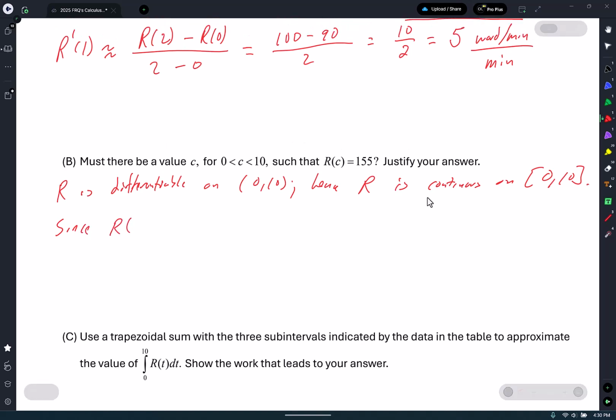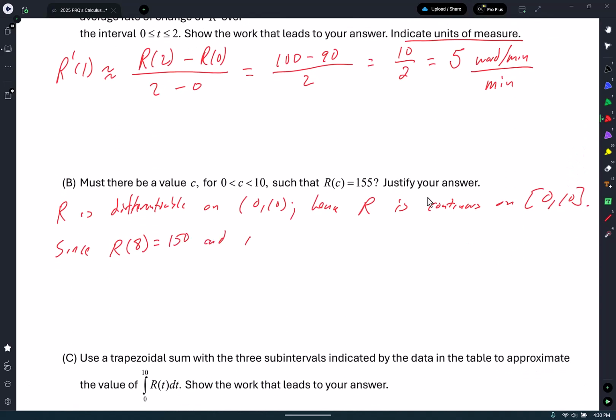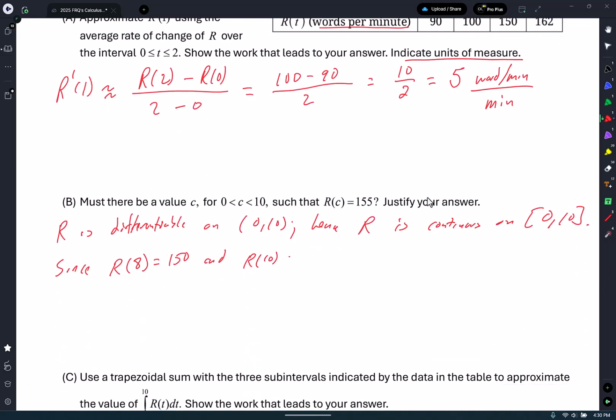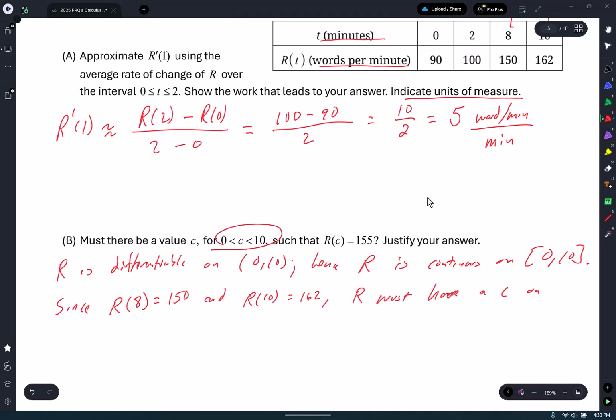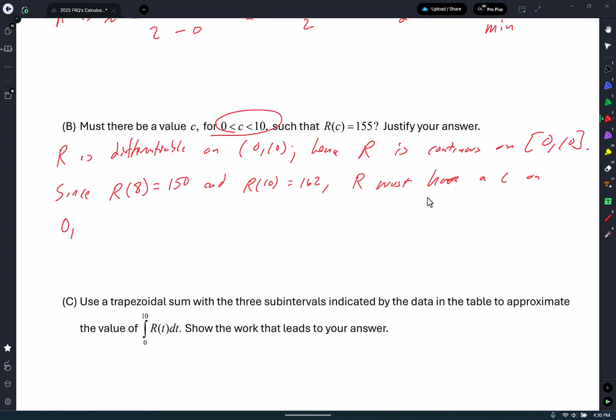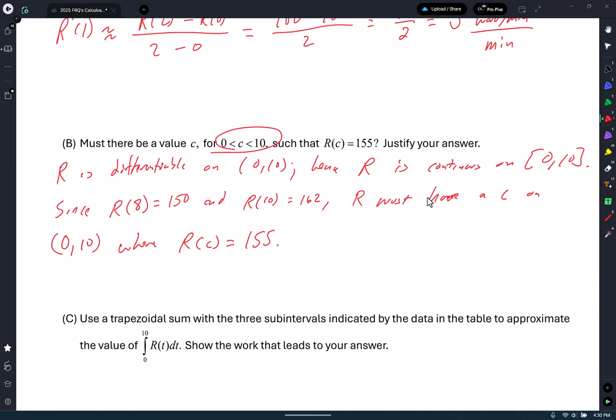Since R of 8 equals 150 and R of 10 equals 162, R must have a c on, and you can say between 8 to 10, but it's fine to just repeat that, on 0 to 10, where R of c equals 155 by intermediate value theorem.